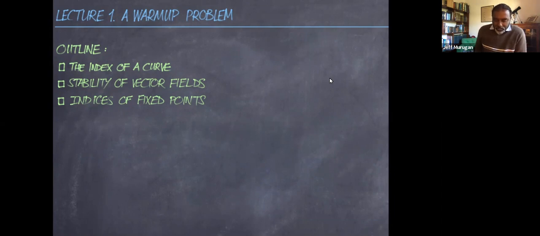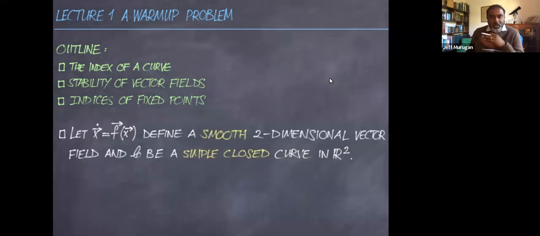Okay, so let's start off by thinking about a vector field generated by a differential equation. Suppose I have some differential equation, and I'll put it in vector form. So x here, specifically this x, is a vector in the plane. So it consists of x and y.